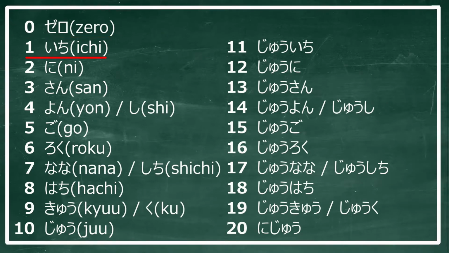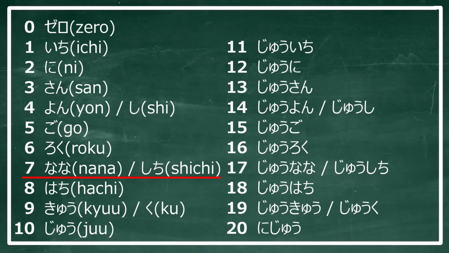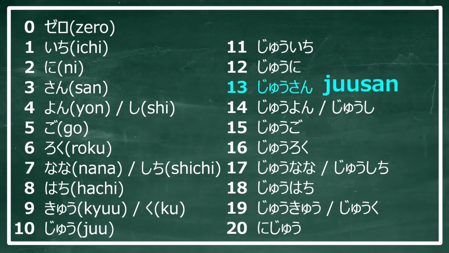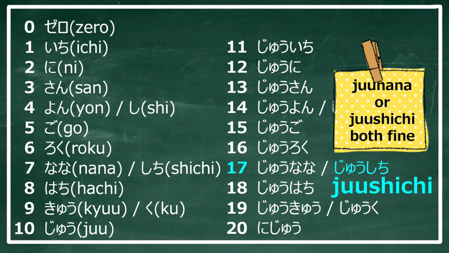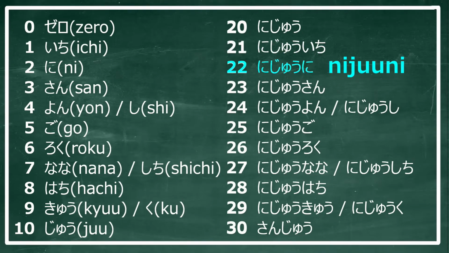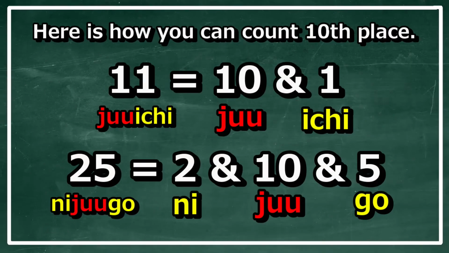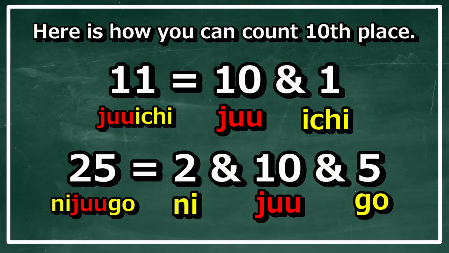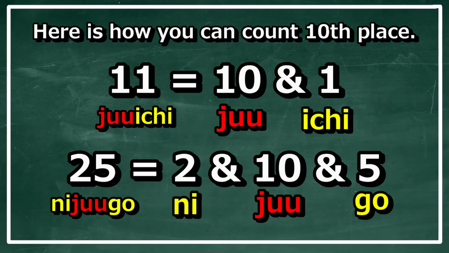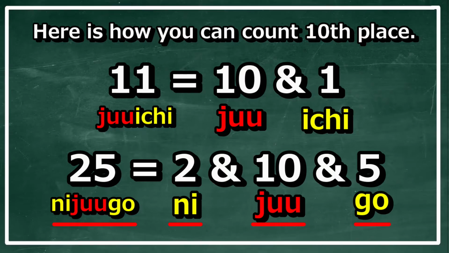0 1 2 3 4 5 6 7 8 9 10 11、12、13、14、15、16、17、18、19、20、21、22、23、24、25 Here is how you can count the tens place. 11 is 10 and 1, 11. 25 is 2 and 10 and 5, 25.